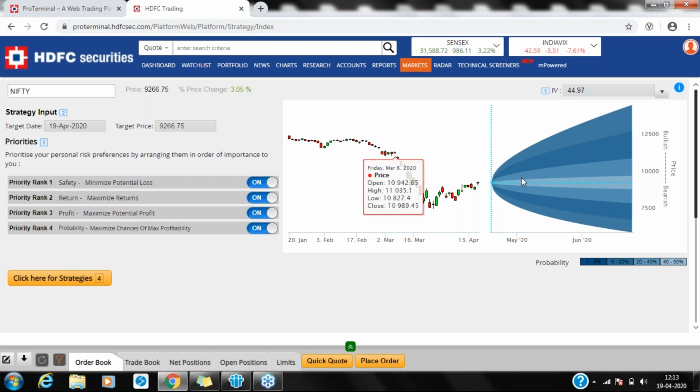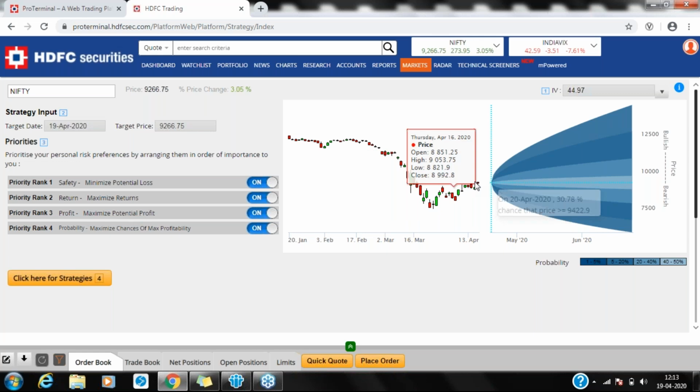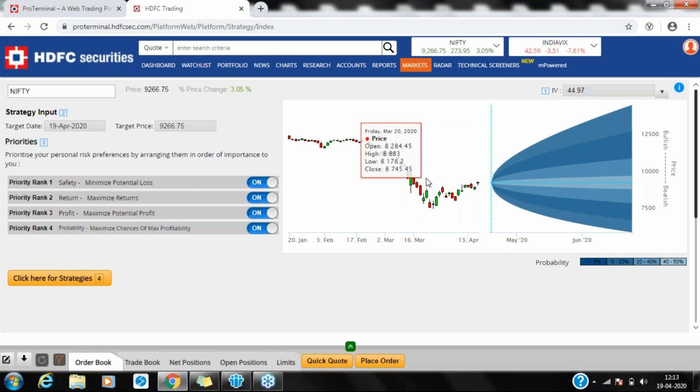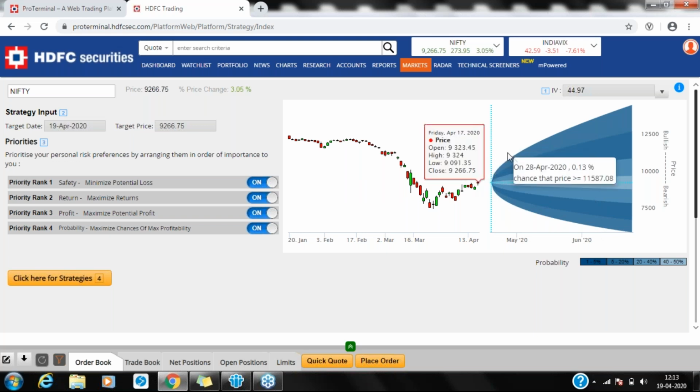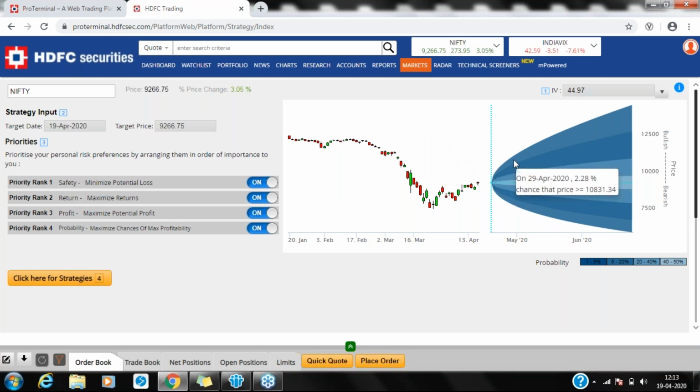In the maximum return strategy, the strategy will be such that you get the maximum return in case the stock goes in your direction. The maximum potential profit strategy is the one with the maximum probability of turning into a profit. So the chances of that particular strategy are much higher.